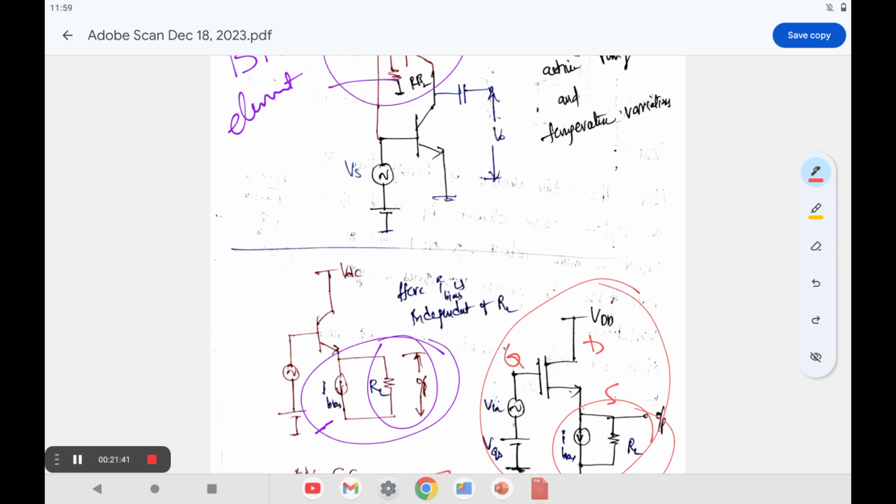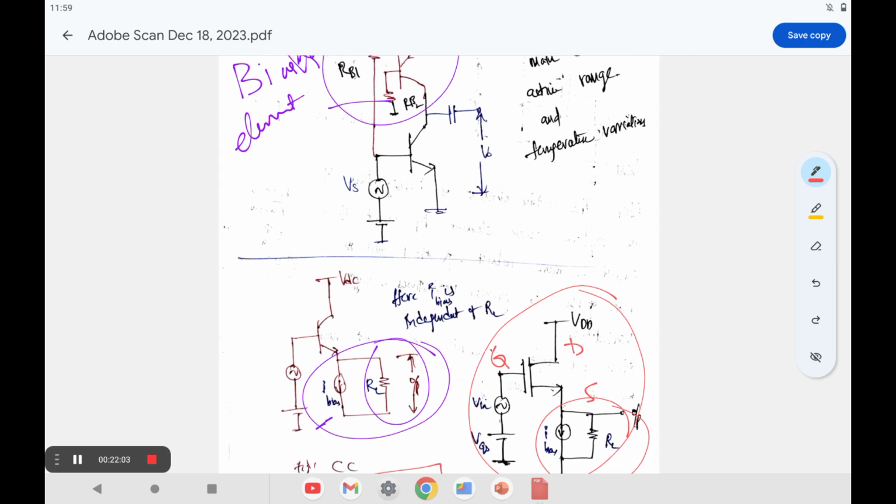So again I have a question mark here. If you are replacing each and every one of these four cases, there may be a chance of replacing it with one device, one element, or one circuit to produce a constant current source. That circuit is generally called a biasing circuit or biasing element.